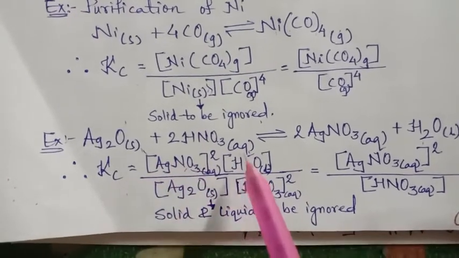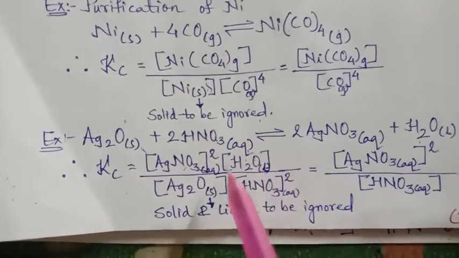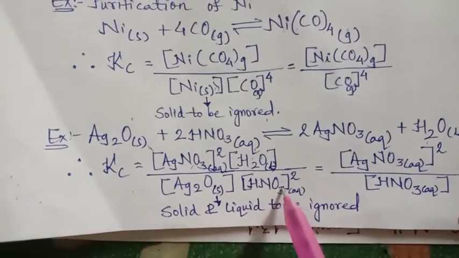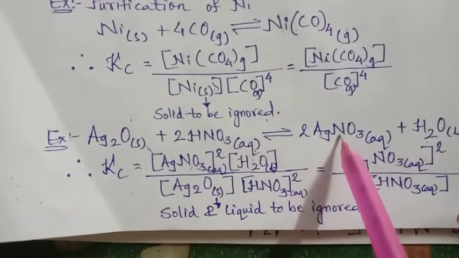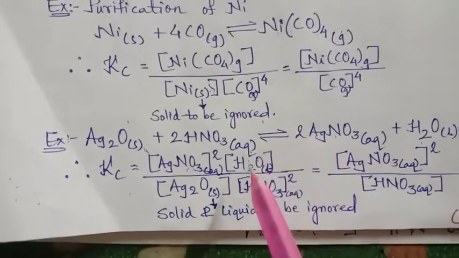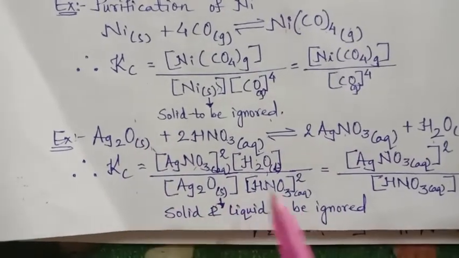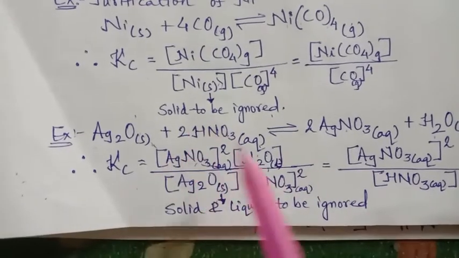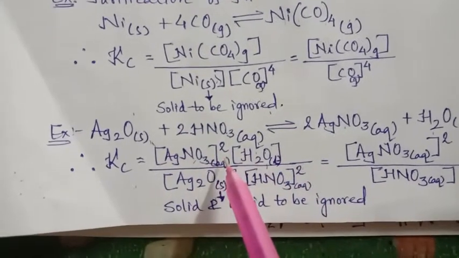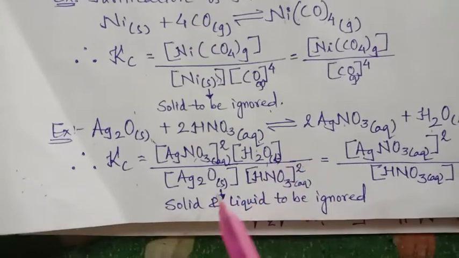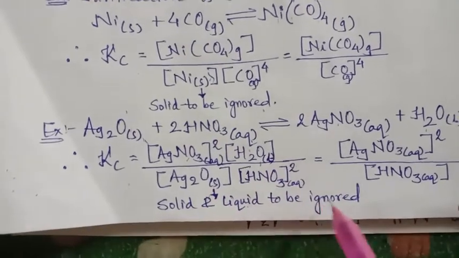Kc is equal to product of the product divided by product of the reactants. So here it is AgNO3 raised to 2 multiplied by H2O upon Ag2O multiplied by HNO3 raised to 2. But as I told, solid and liquid is to be ignored.